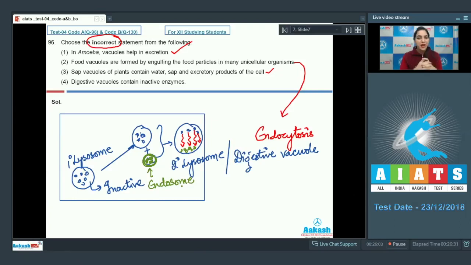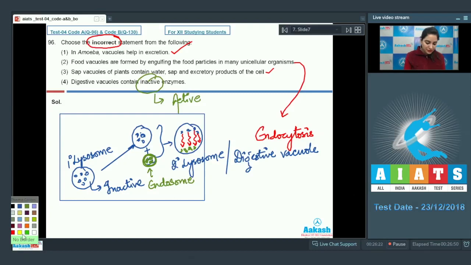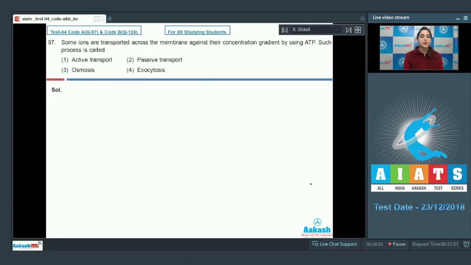So is it fair to say that digestive vacuoles, which is the secondary lysosome, contain inactive enzymes? No, it contains pretty much active enzymes. The enzymes are activated as the pH has turned acidic. Therefore, students, the correct answer to the question is option number 4. I will write down here also that the answer is option number 4.